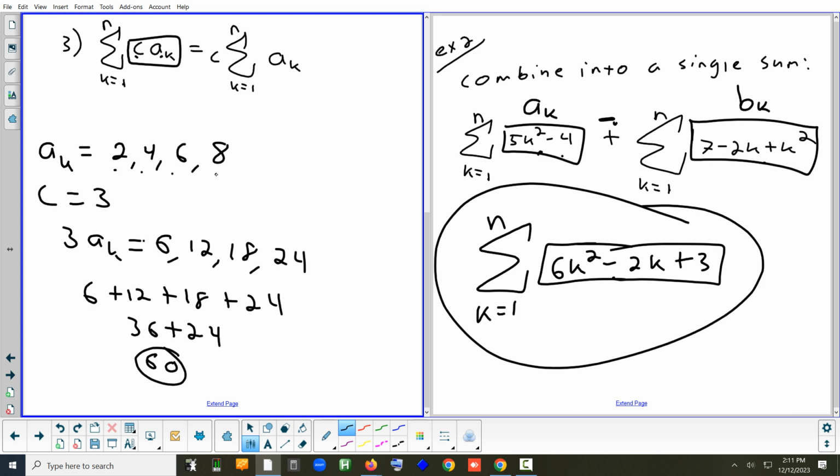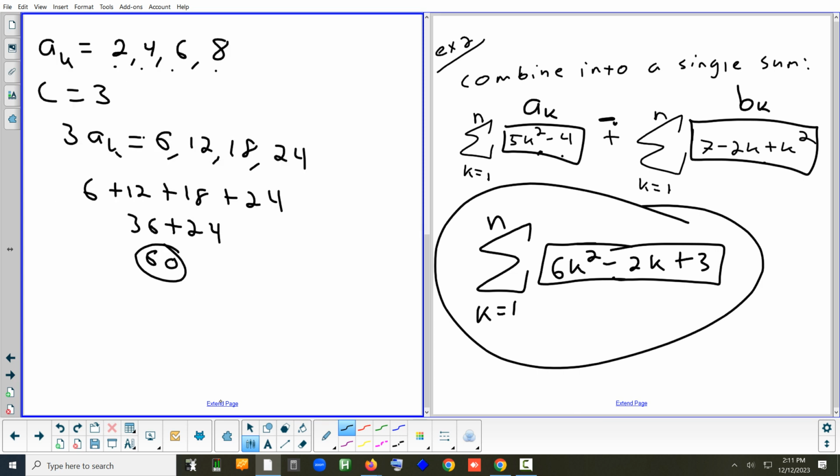Okay, now let's do it the way on the right. The way on the right says add up all the numbers first and then triple it at the end. All right, so let's take our sequence. Let's add up all the numbers first. What's 2 plus 4? 6. 6 plus 6? 12. And 12 plus 8? 20.